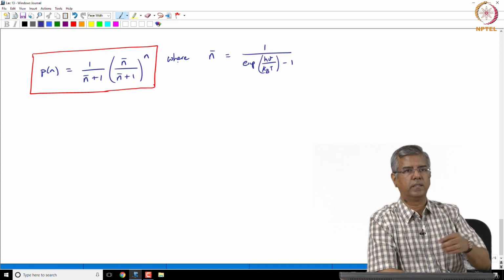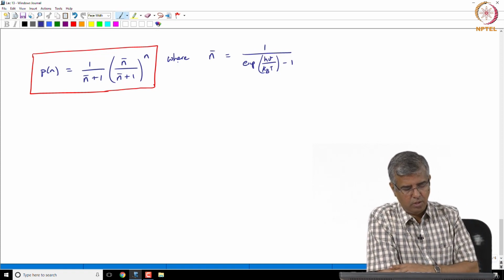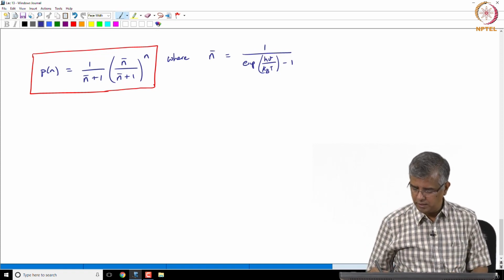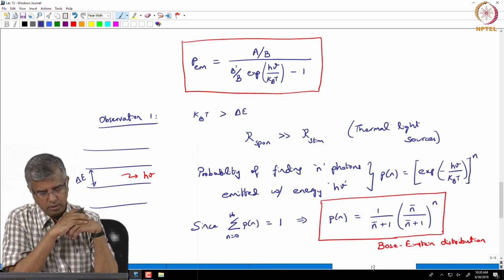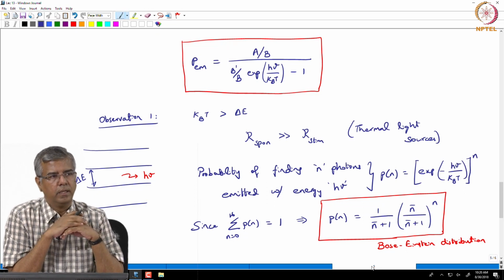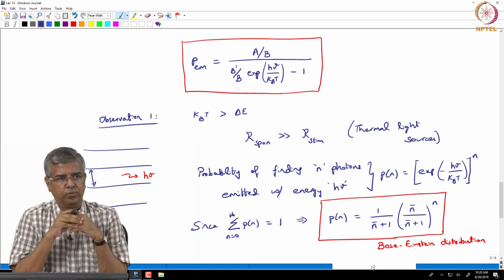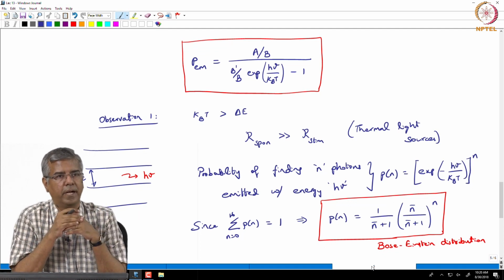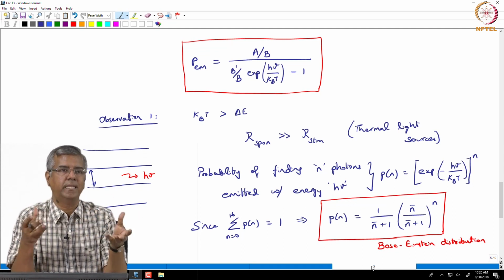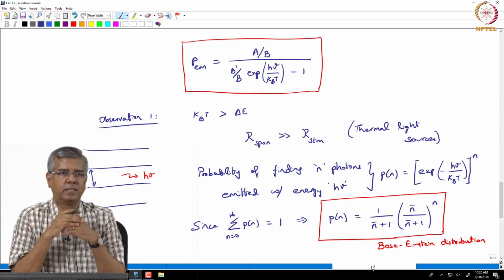Somebody has a question here. Yes. So what we are saying is, you are having a system consisting of a limited number of atoms, and they are all excited with some thermal energy, right.